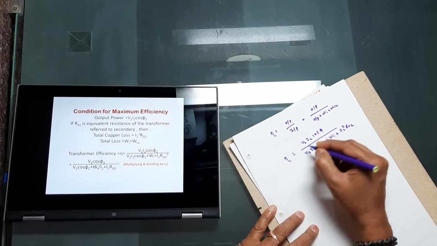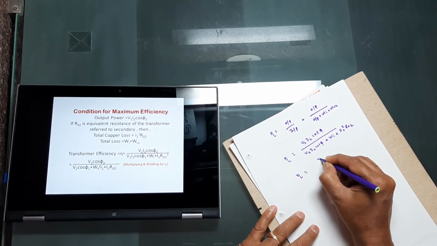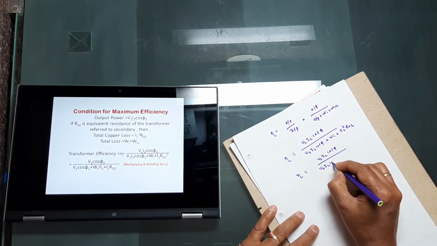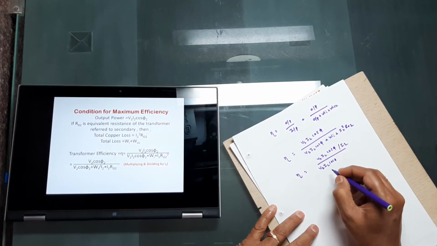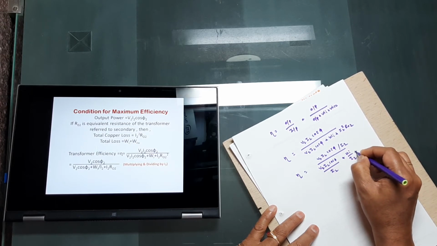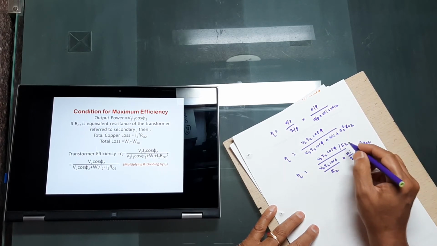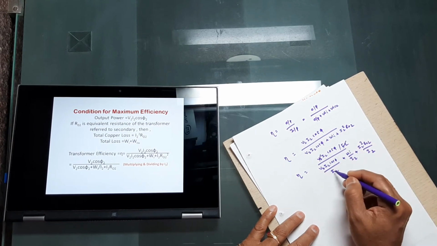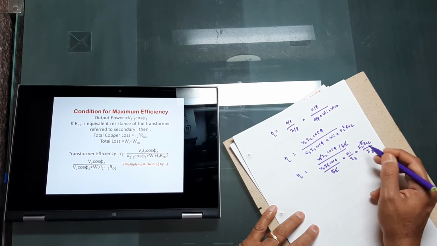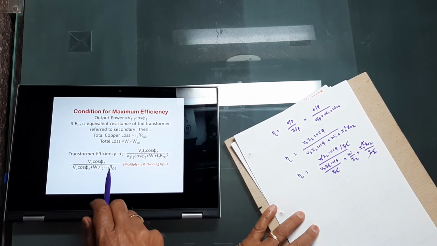Then dividing both the numerator and denominator by I2, the I2 gets cancelled, and what we are getting is V2 cos phi divided by V2 cos phi plus Wi by I2 plus I2 RO2.